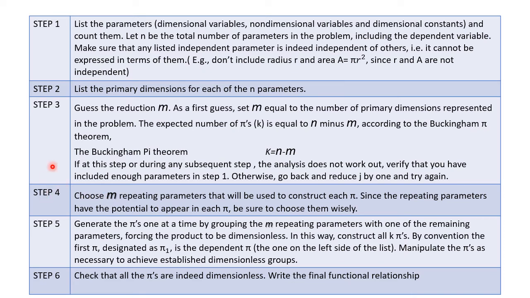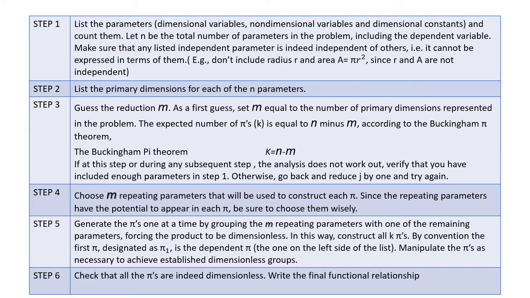Next is step 4: choose m repeating parameters that will be used to construct each pi term. Since the repeating parameters have the potential to appear in each pi, be sure to choose them wisely.